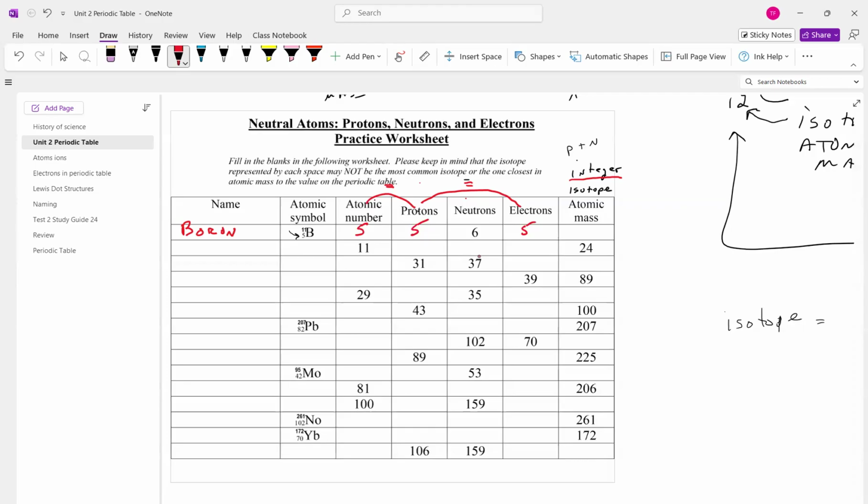All right, so what's the atomic mass? What's the isotope number for boron with these numbers? No. 10.81 is a decimal. Remember, it's got to be an integer. So 11. P plus N. Protons 5, 6 neutrons. So that is boron 11.